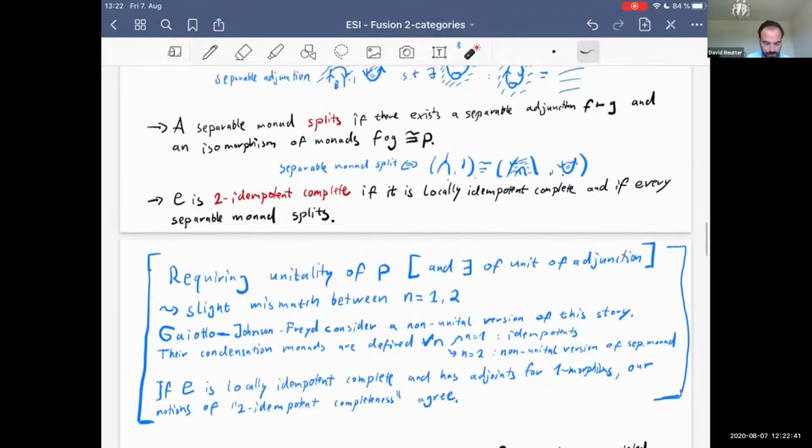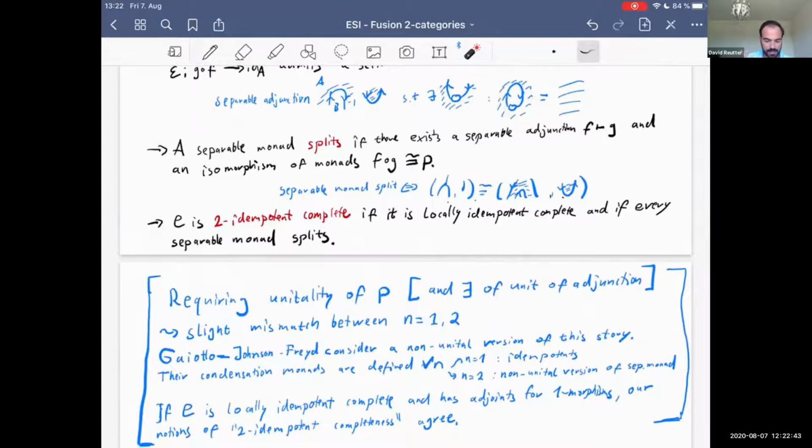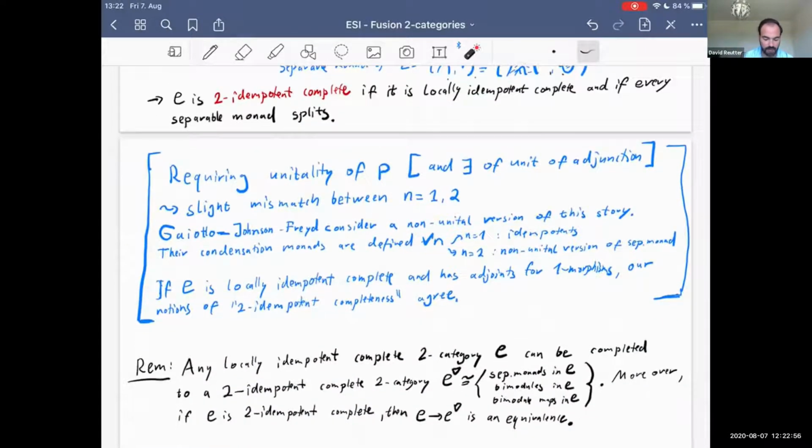Now, as you may well know, every 1 category can be completed to an idempotent complete 1 category. So I can always assume I just pass to this larger world where I am idempotent complete. And similarly, every locally idempotent complete 2 category C can be completed to a 2 idempotent complete 2 category.